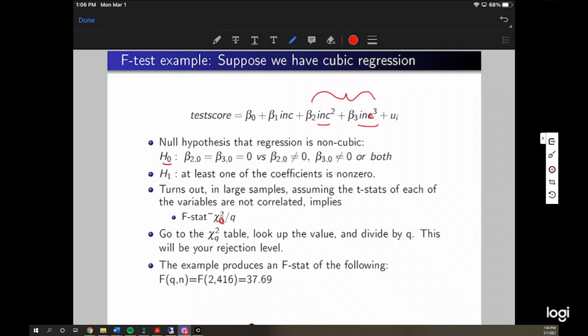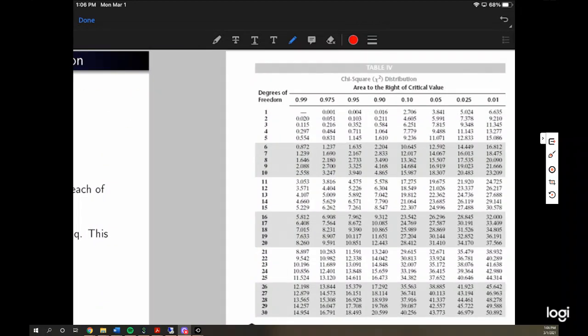So what's our q here? We have 2 restrictions, so q is going to be equal to 2. In this example, the F-stat is the following, 37.69.